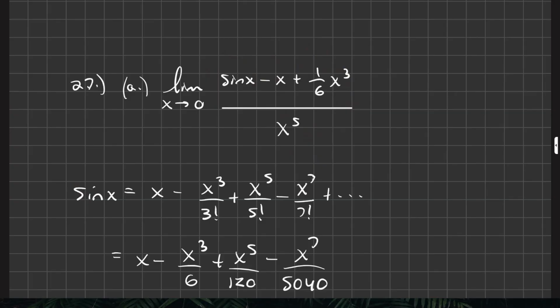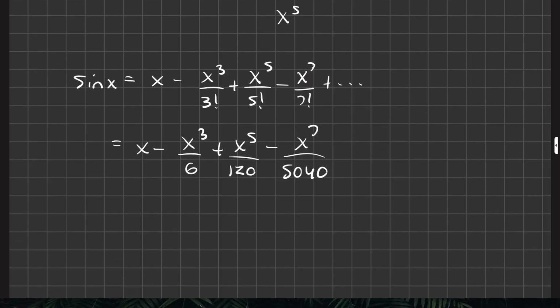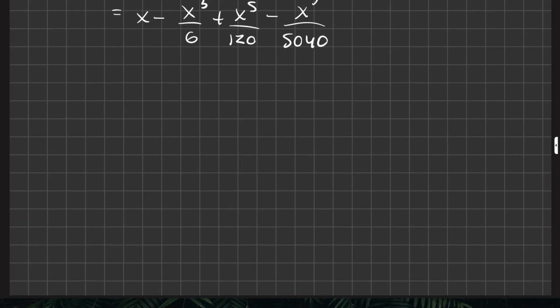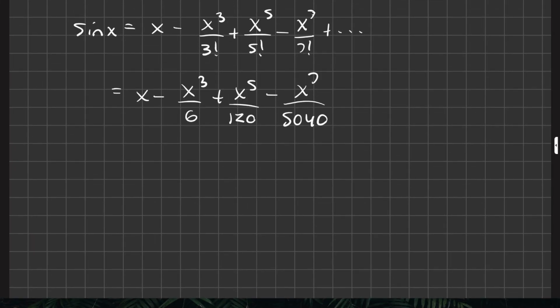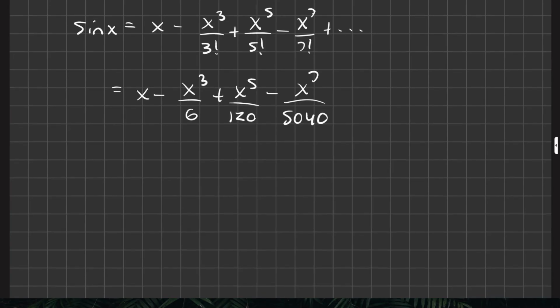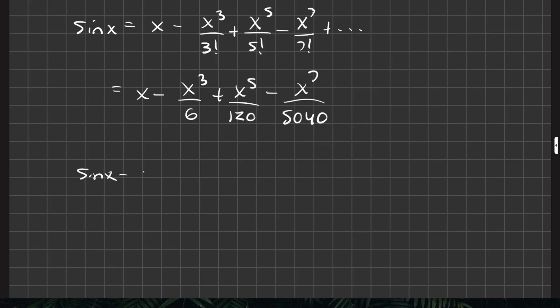Okay, so we obviously can't go up to infinity, so we're going to do just like a little trick to solve this limit. So just looking at the numerator, we have sine x minus x plus 1/6 x cubed.